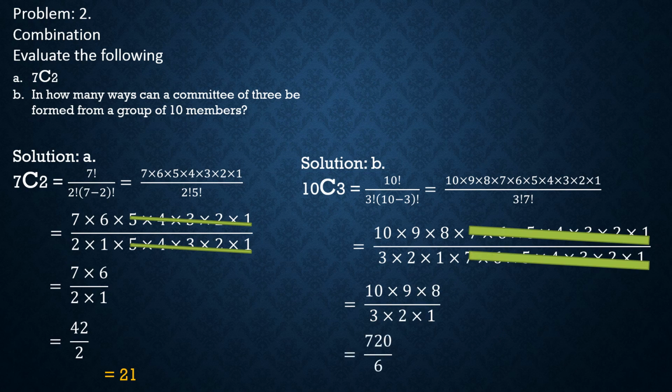When we simplify that, 10 times 9 times 8 becomes 720. From the denominator, 3 times 2 times 1 is 6. Dividing 720 by 6 becomes 120. So that is the number of ways to select a committee of 3 from a group of 10 members.